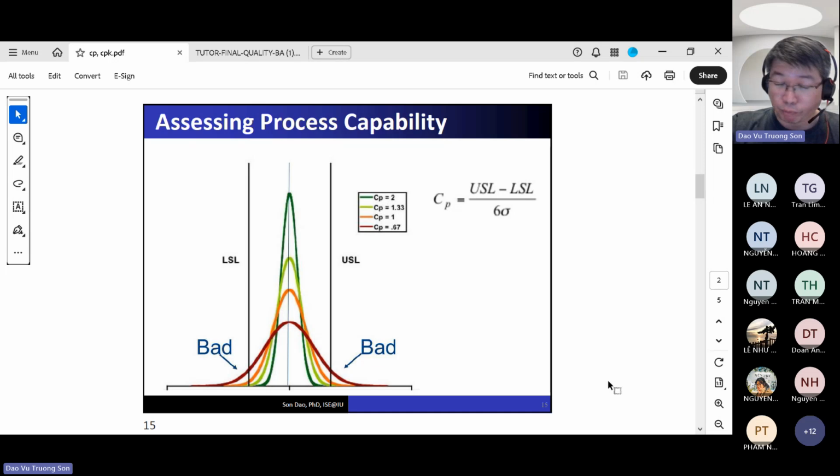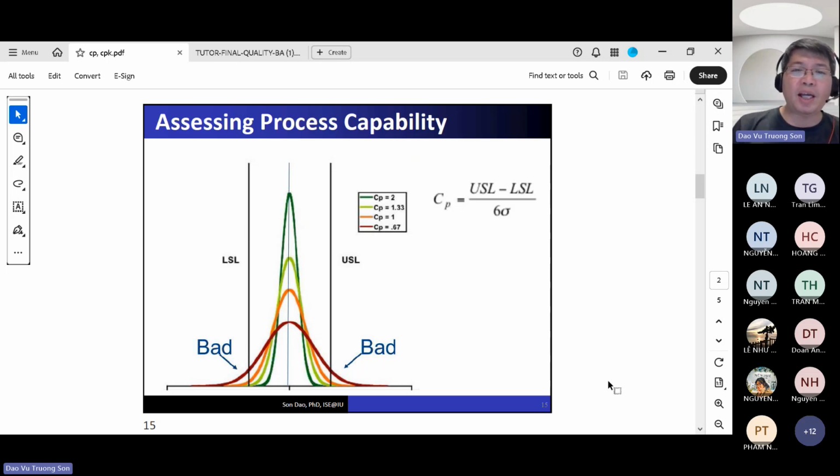So this only means one thing. For the case of CP less than 1, a lot of what we make will not be acceptable by customer standards. In the case of dark green, almost nothing that we make is not good according to the customer standard; almost 100% of what we make is high quality.